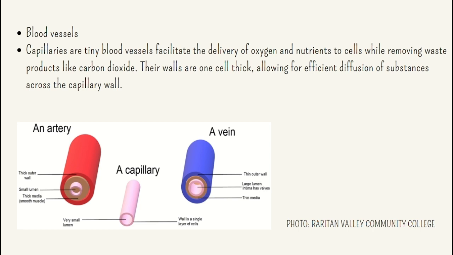It is literally the middleman between the artery and the vein. The artery brings blood away from the heart, and the vein brings blood to the heart, but the capillary is that middle ground where the gas exchange actually happens, where they remove carbon dioxide, which is a waste, and take in oxygen and nutrients that we actually need. That is what gets circulated around the body, right? So it's one cell thick, and just know that its primary function is gas exchange. Just remember that part.